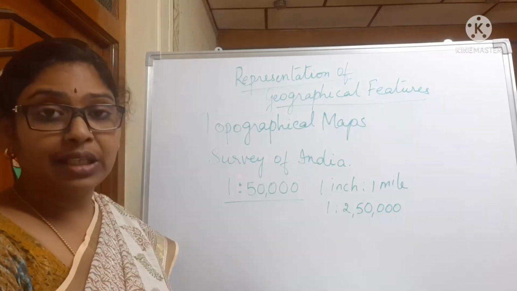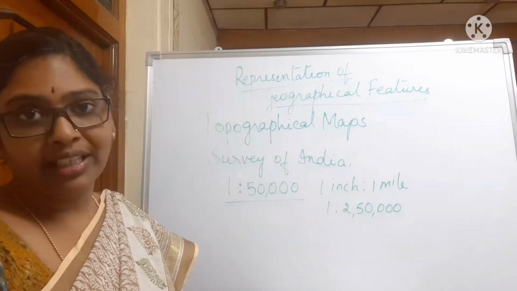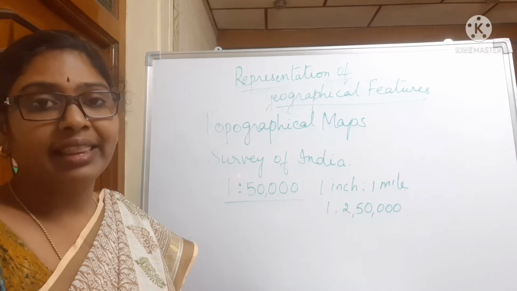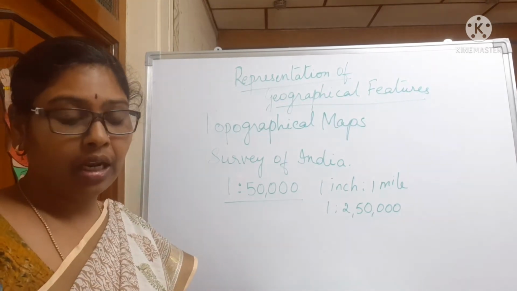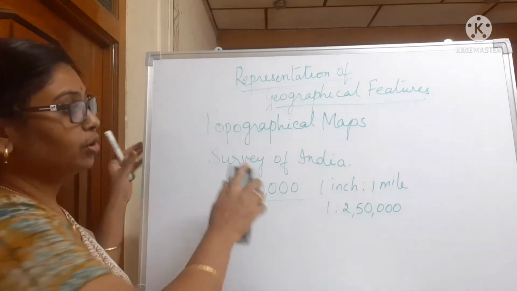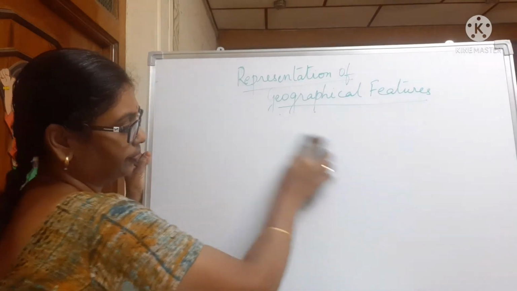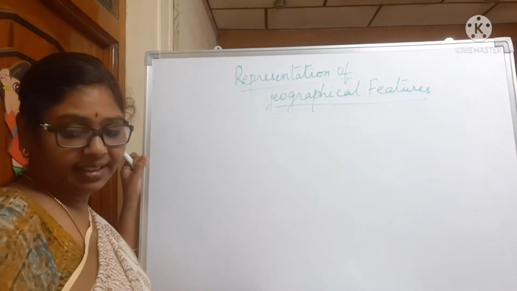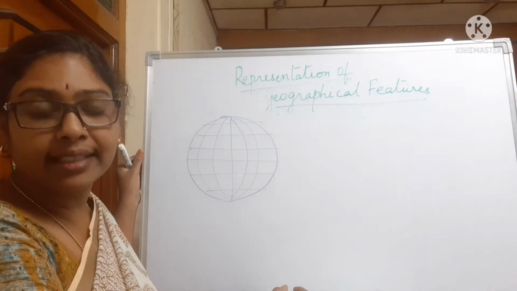Each place is located at different places. So these longitudes and latitudes help in locating a place, right? These longitudes and latitudes form a grid system on the Earth's surface. This kind of grid system is known as Earth's grid.